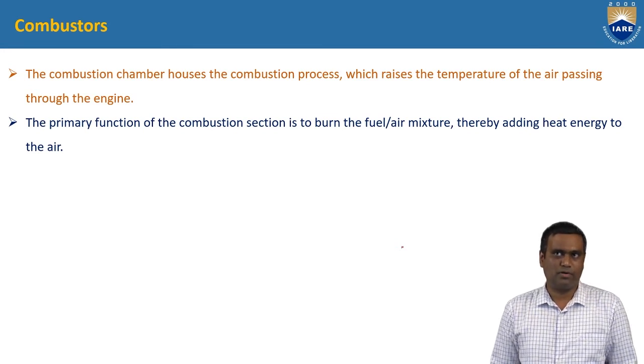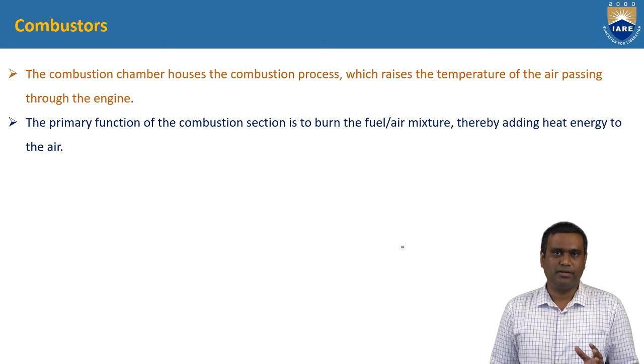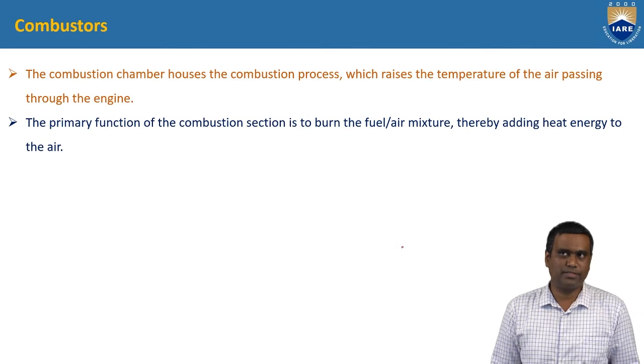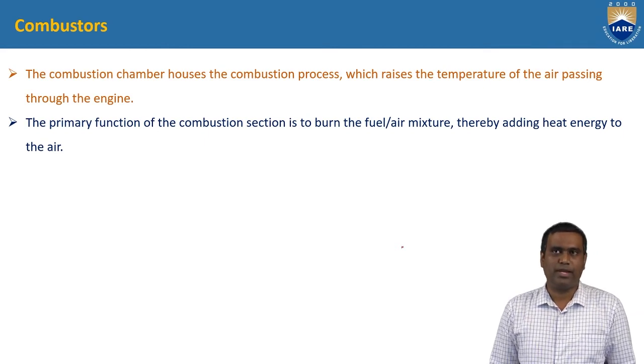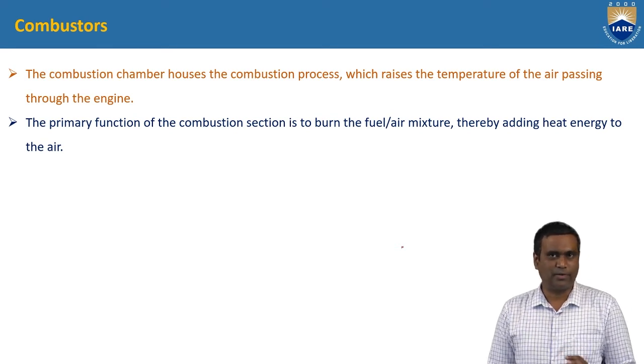The combustion chamber houses the combustion process, and its primary function is to raise the temperature of the air by burning the fuel air mixture and extracting the energy. It adds heat energy to the air, and then discharges the combustion exhaust to the turbine.